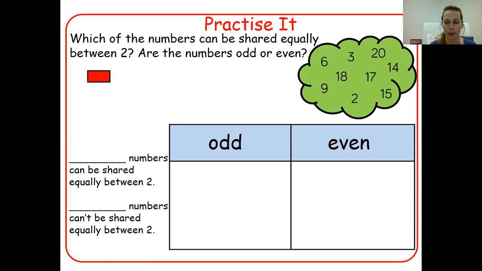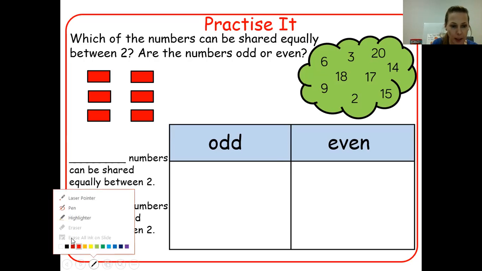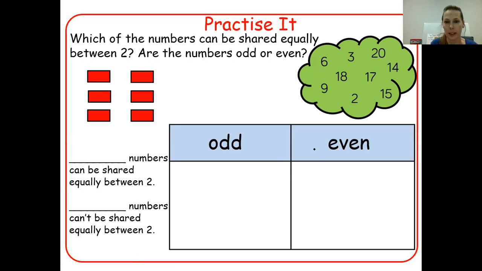So into 2 groups, 1, 2, 3, 4, 5, 6. I'm looking at both of those groups. Both of those groups are equal, so I know that 6 is an even number. So I'm going to write 6 in my even column because I found out that it is even. And I'm going to cross that one out because I know I've done it.